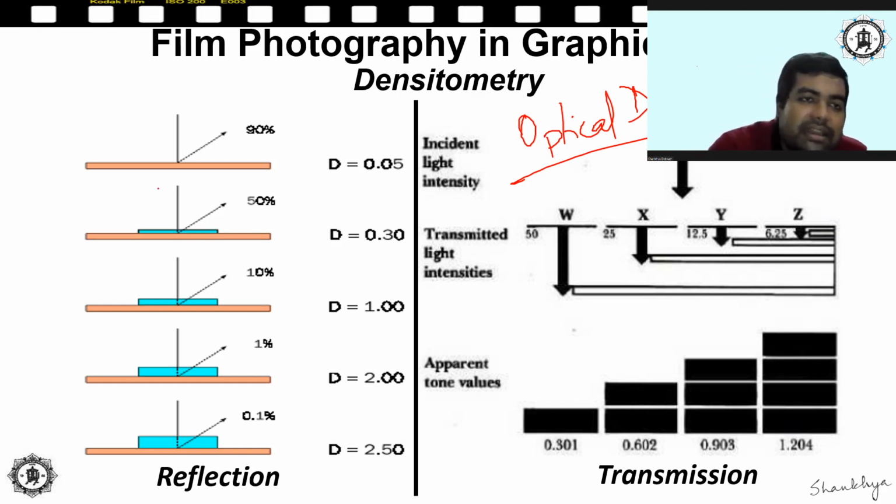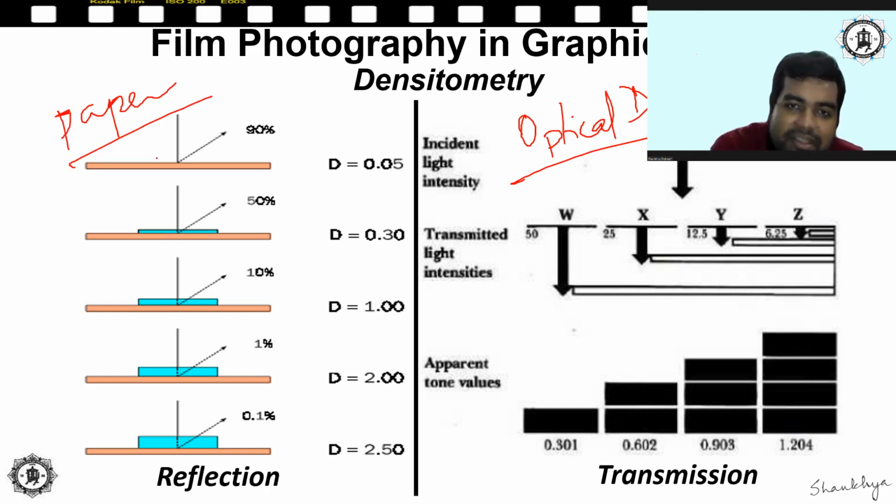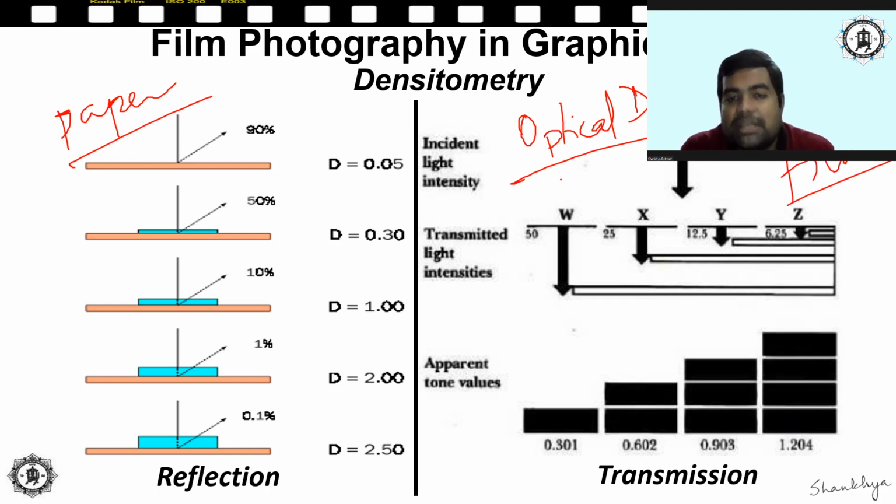For example, we can have a substrate like paper on which we have printed something. We can also have a substrate like film where we have taken an image, right? We have reproduced an image using our process camera. So we need to measure the optical density of the image area for both these materials, right?